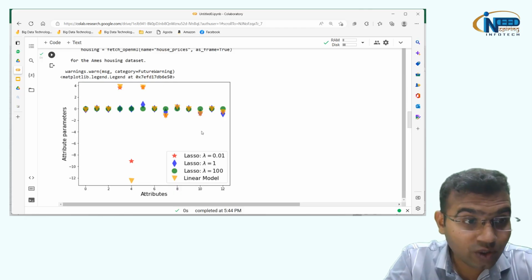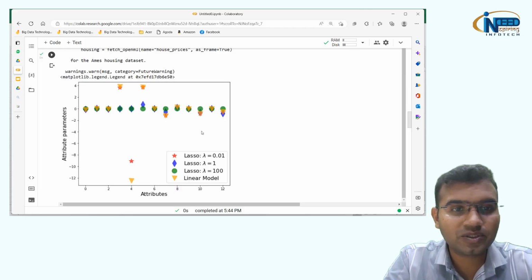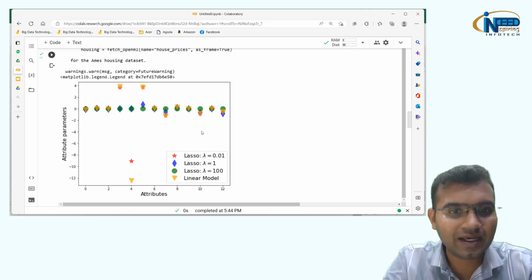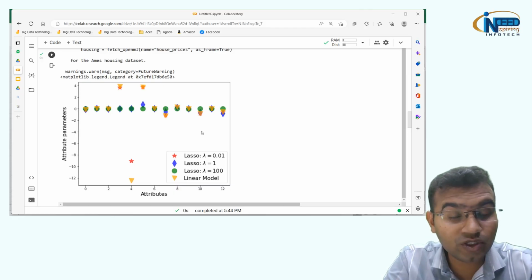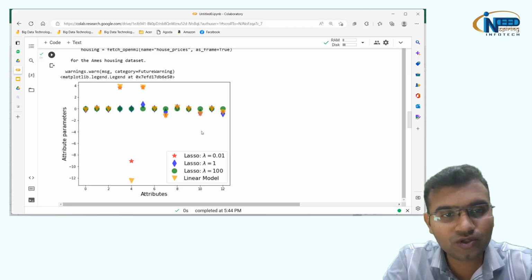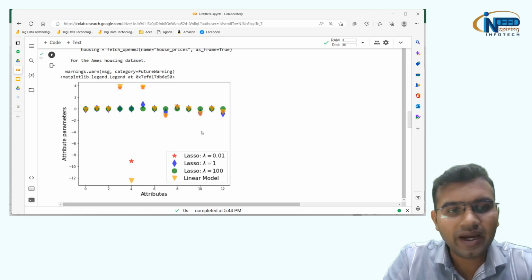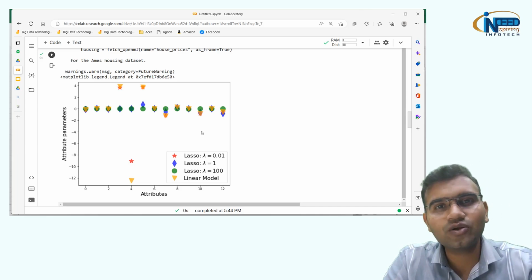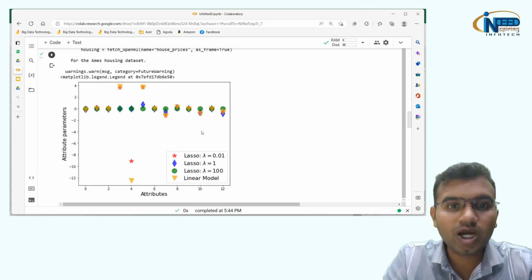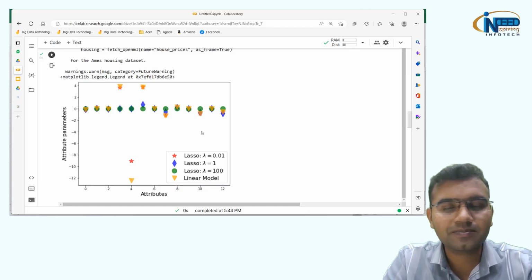So these two algorithms, ridge regression and lasso regression, help us to regularize and generalize the linear regression model so that it doesn't get into the problem of overfitting or underfitting.